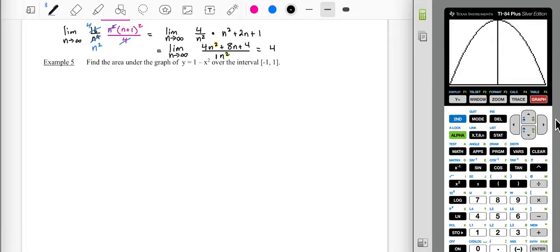All right, one thing I get from this idea is that I don't really have to go from -1 to 1. What we can do is go from 0 to 1 and double the result.